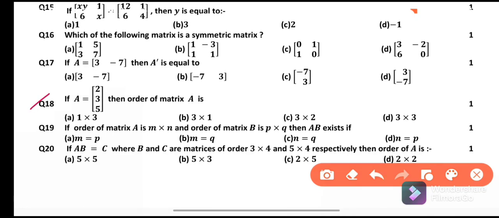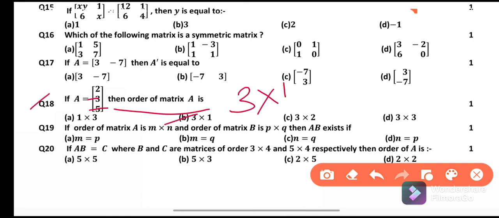Next question number 18. If A is equal to [2, 3, 5], then order of matrix A is. Order of A means number of rows 1, 2 and 3 and number of columns is 1. So order is 3 by 1. Answer is B option. Next question number 19.